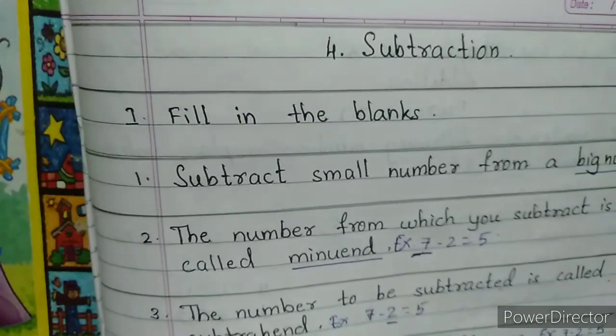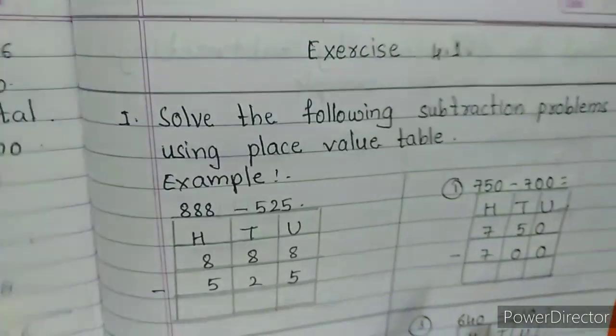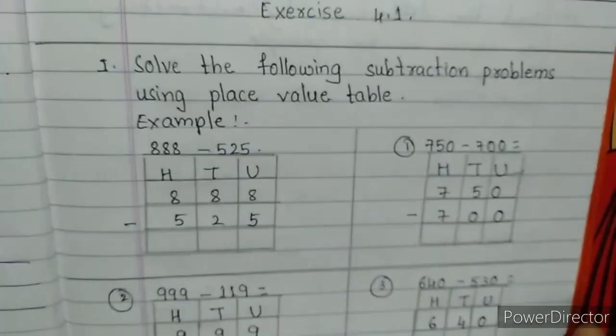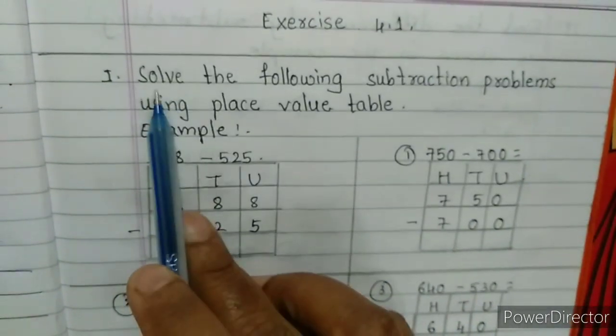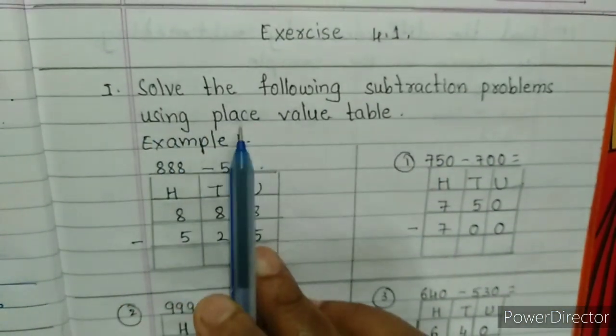Now I will start the exercise 4.1. Solve the following subtraction problems using place value table.